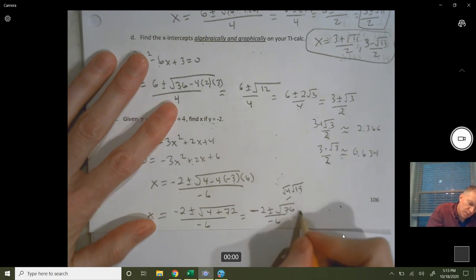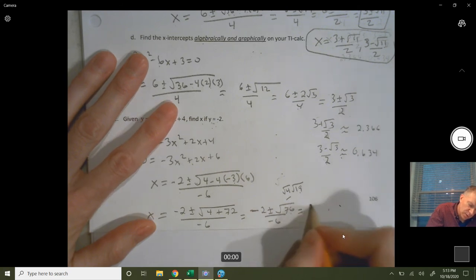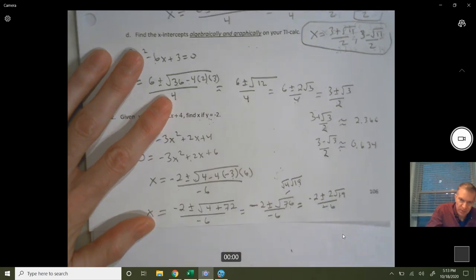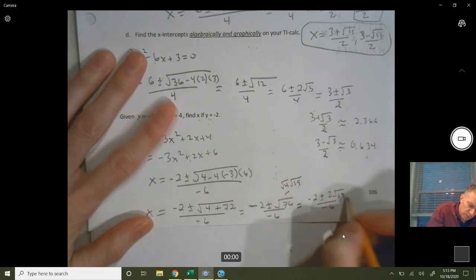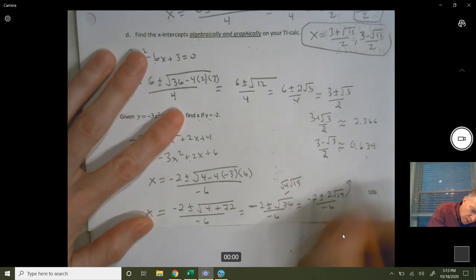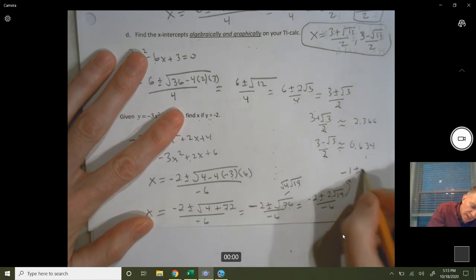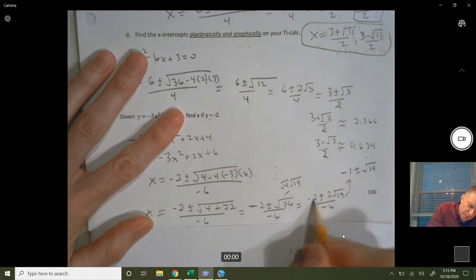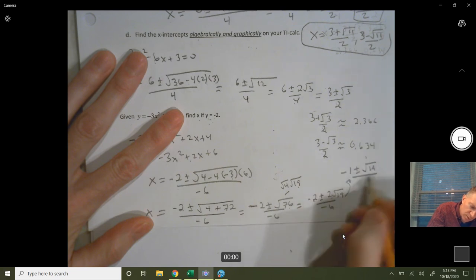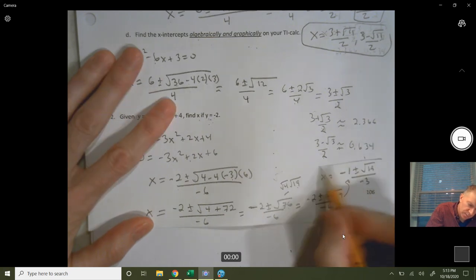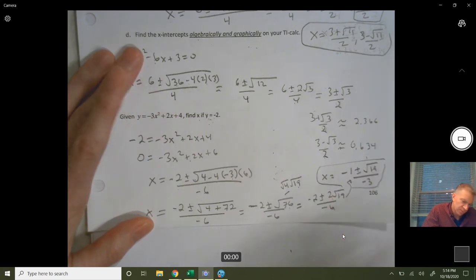So that breaks down into -2 plus or minus 2 root 19 over -6, which we can reduce to -1 plus or minus root 19. Notice I divided both those by 2 and divide this one by 2. So -3. So your x values will be those. Okay.